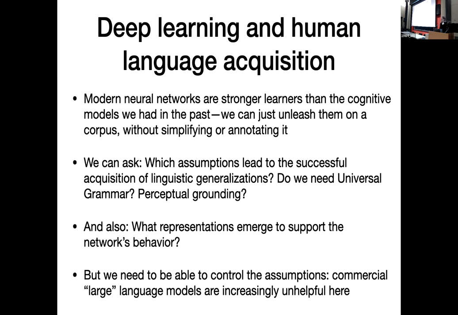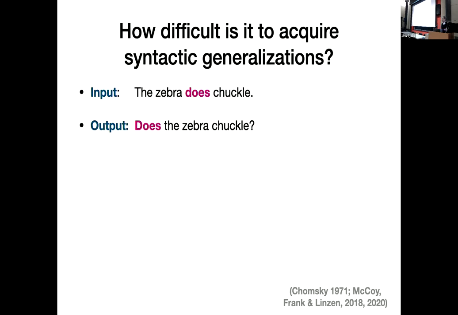Okay, let me give you an example of the kind of theoretical question that linguists are interested in, and that has motivated a lot of the models that people have proposed in linguistics. The main concern of generative linguistics, the school of linguistics popularized by Noam Chomsky and others, is with generalization from a finite amount of data to new constructions that are not familiar from training.